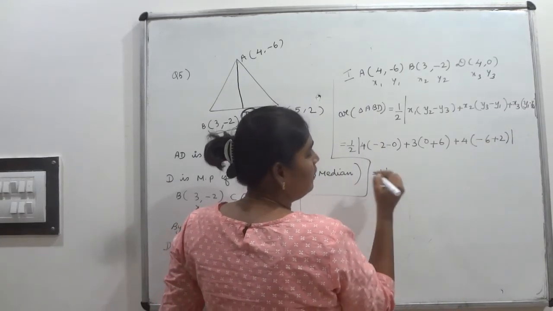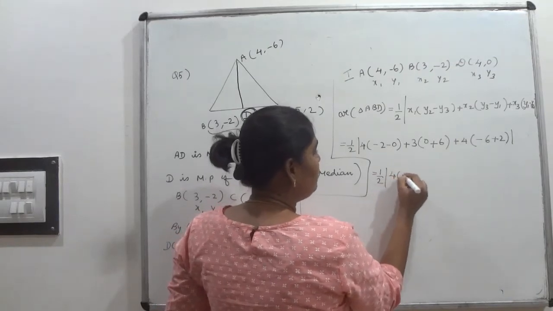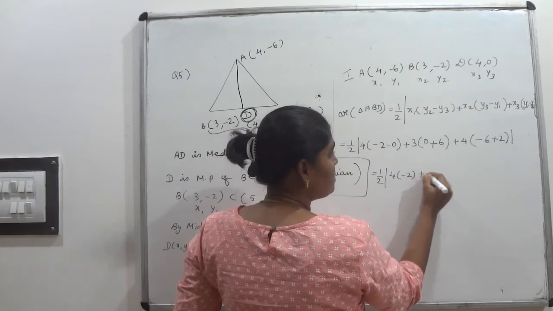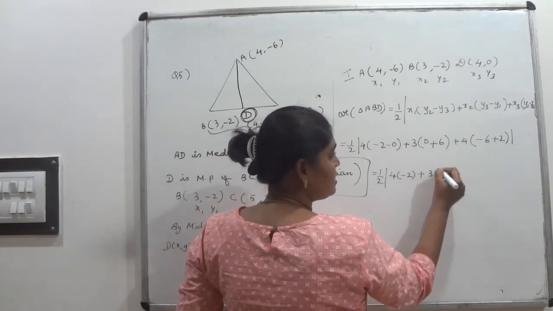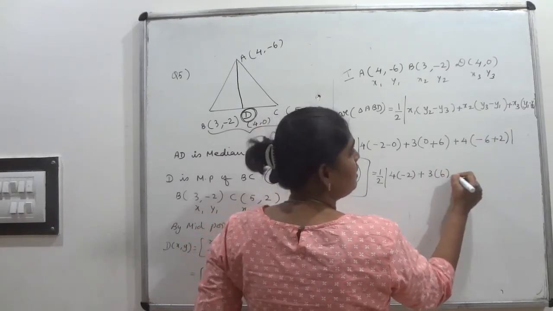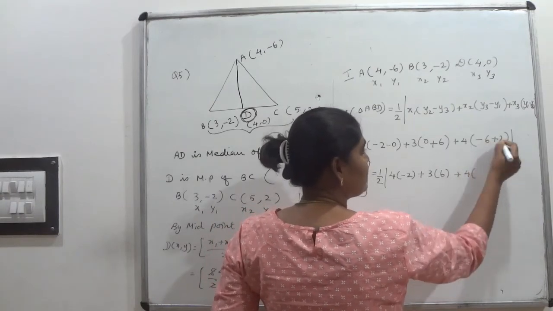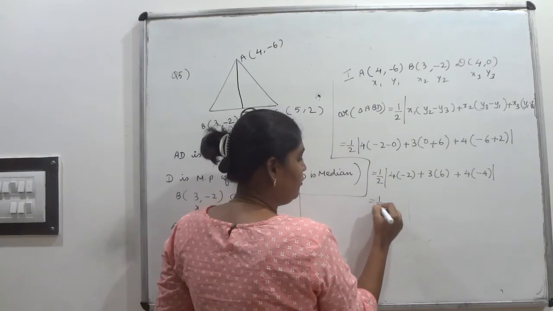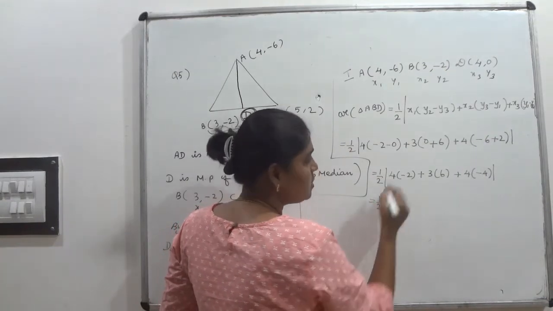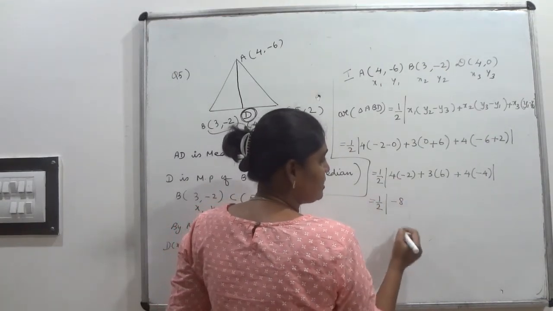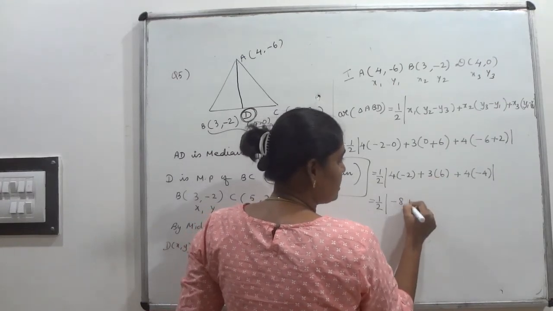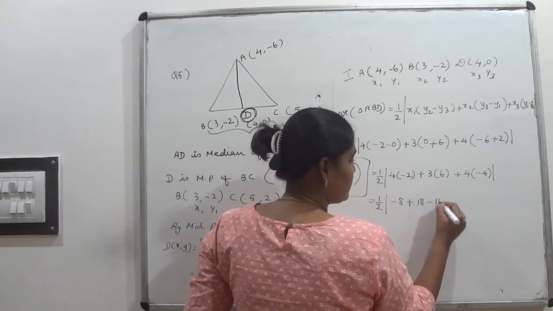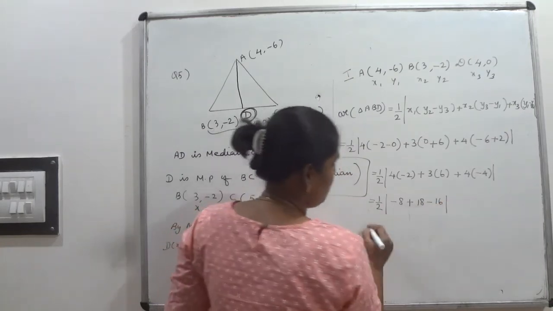Half modulus 4 into -2 minus 0, it gives -2 only. Plus 3 into 0 plus 6, that is 6. Plus 4 into -6 plus 2, that is -4. Close the modulus. Half modulus 4 into -2 is -8, 3 into 6 is plus 18, plus 4 into -4 is -16.